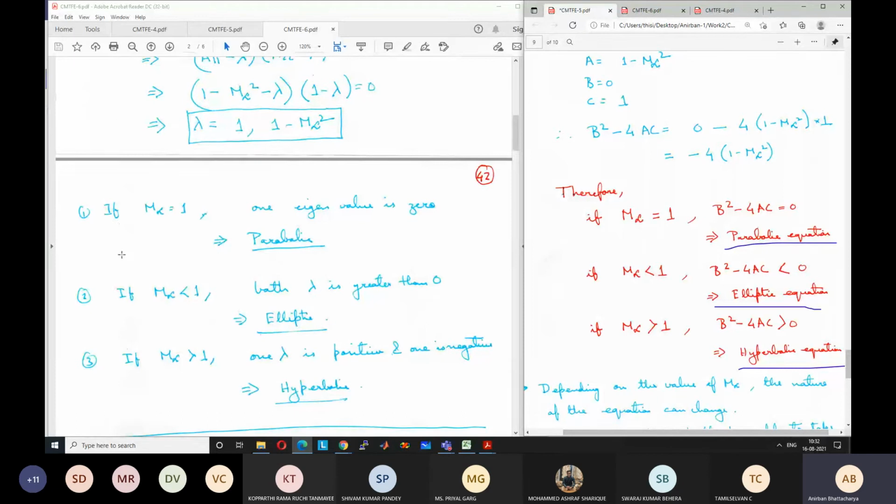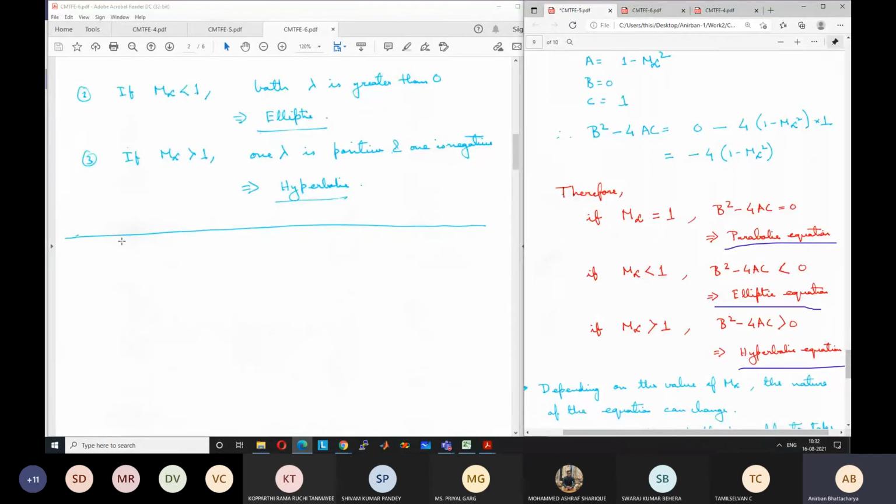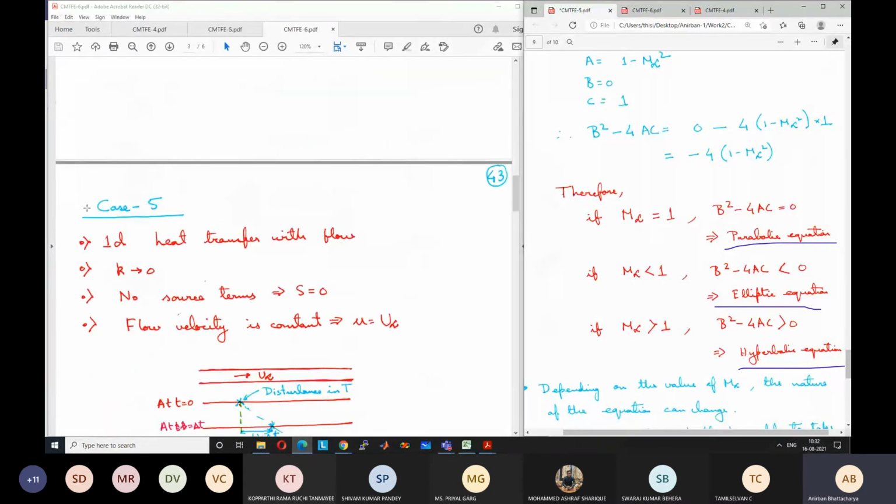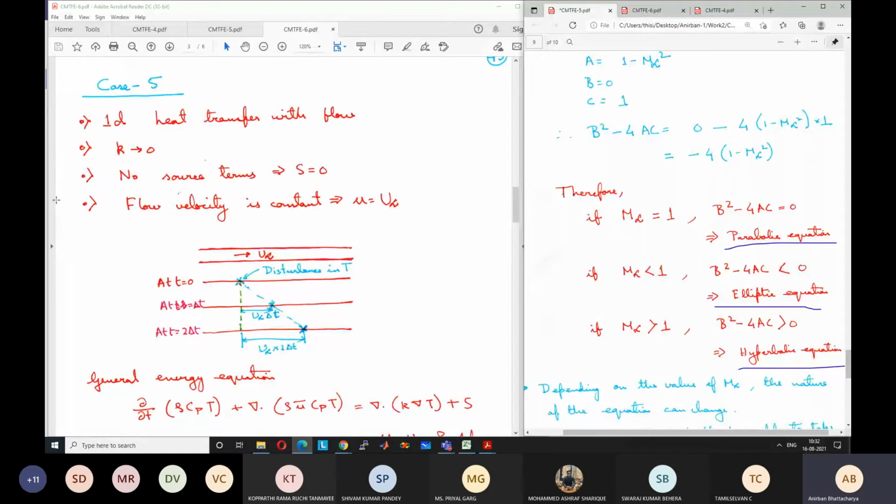But if you want to go into more details, you can go through the maths book. The idea was just to give you a brief introduction to the relevant parts of PDE, which is needed for our understanding of the nature of our fluid flow and thermal problems. So we'll end this PDE discussion with the final example, and then from the next class, we will go into the actual CFD, which is discretization.